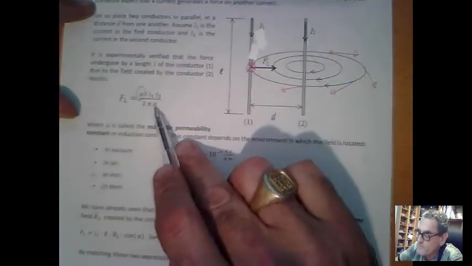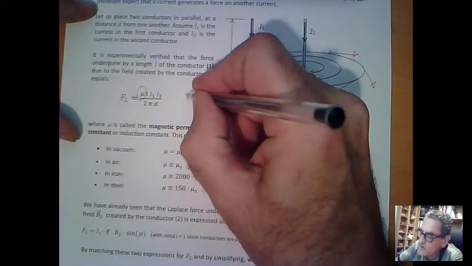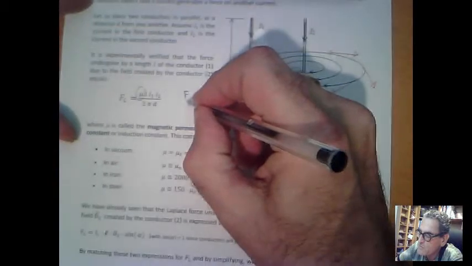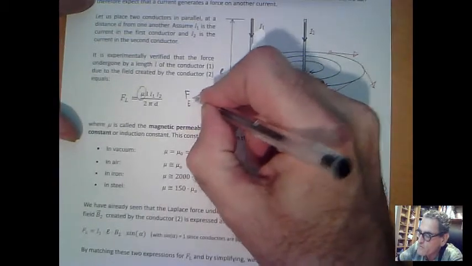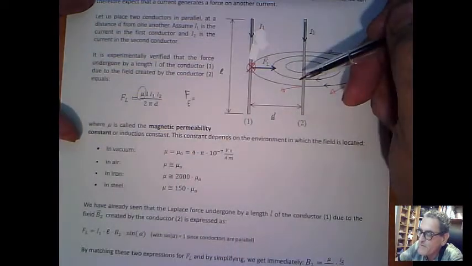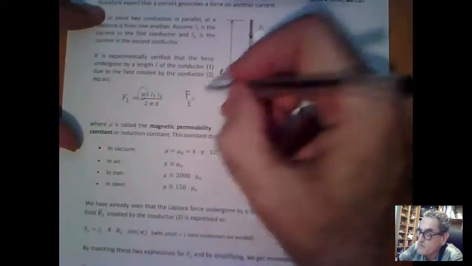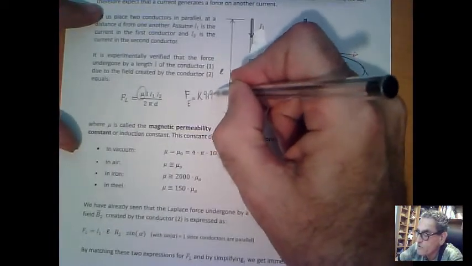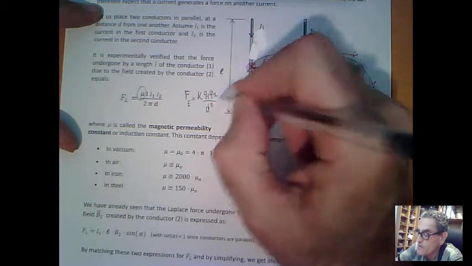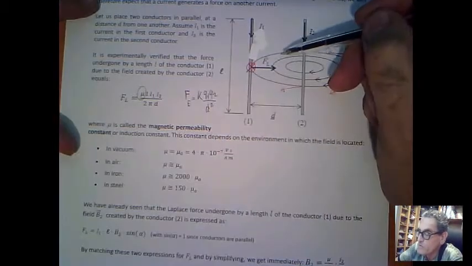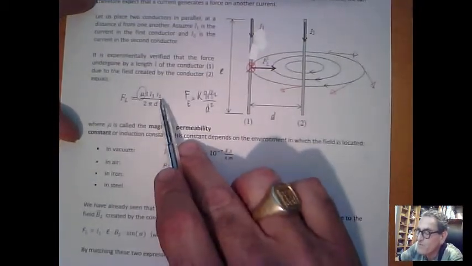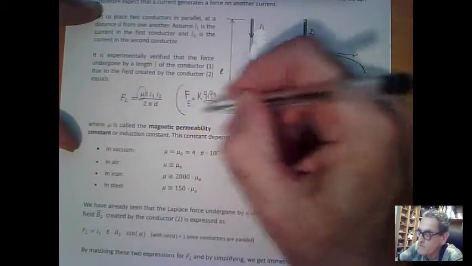So let's just compare for a minute. It's not a good comparison, but let's compare this with the electrostatic force. The electrostatic force between two charges Q1, Q2 is given by K Q1 Q2 over D squared. Here you see something which is a bit similar. It's not very similar.